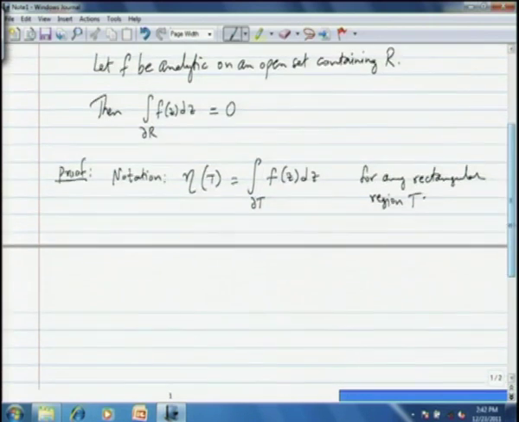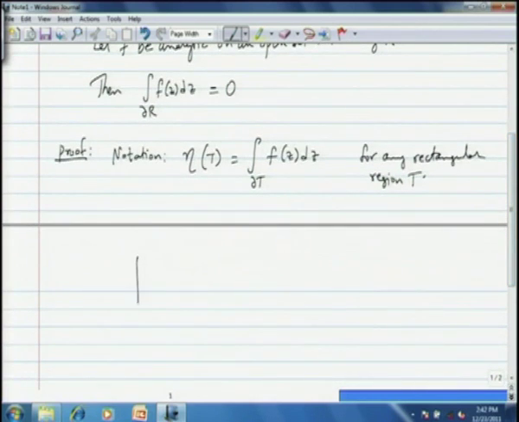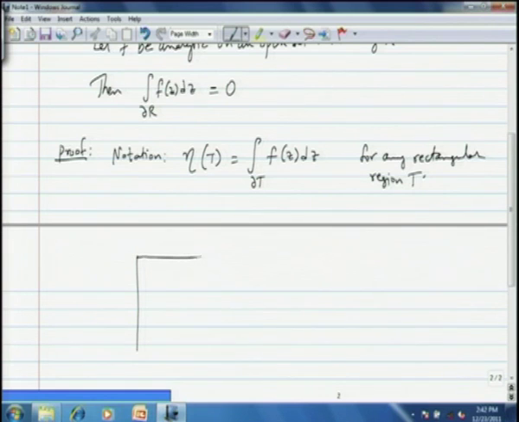So, let us start with a picture. So, here is the rectangular region R. And let us subdivide this rectangle into 4 equal pieces, in terms of area, let us say.